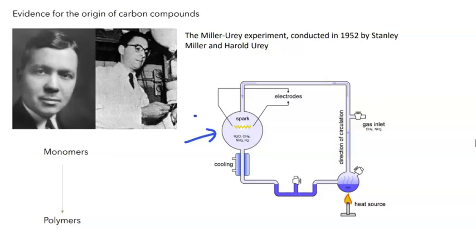They included in their simulation of the atmosphere a spark from the electrodes and some heat as well. They also had a cooling jacket, which meant that they could have cycles of hot and cold as the molecules began to emerge. So this would cycle round in circles driven by the heating process, and was allowed to carry on for a period of time.